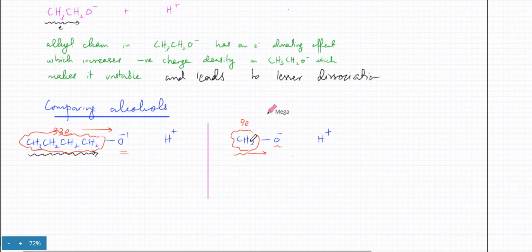Remember it's always an electron donating effect. And the bigger the carbon chain is, the more would be the electron donating effect. So is this clear? Do you get this point? Yes, sir. So the point is both of the carbon chains have an electron donating effect, but this one is a bigger alkyl chain.